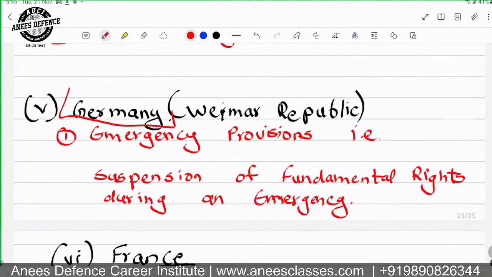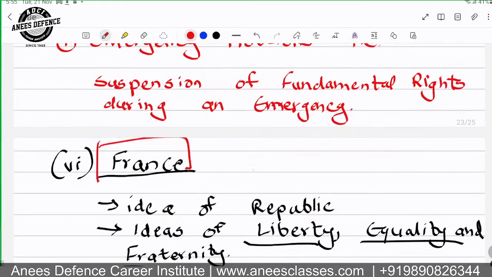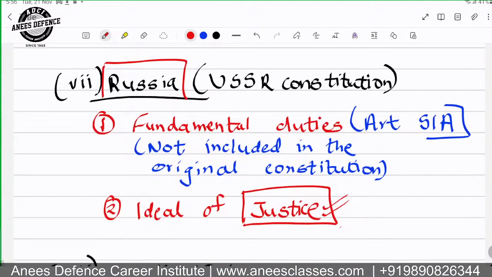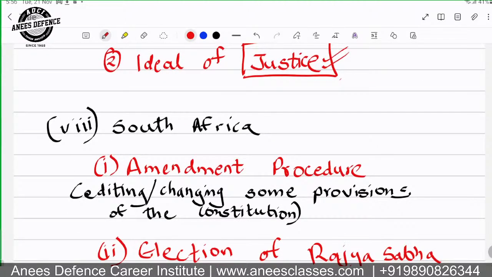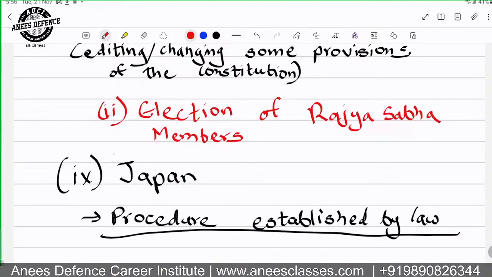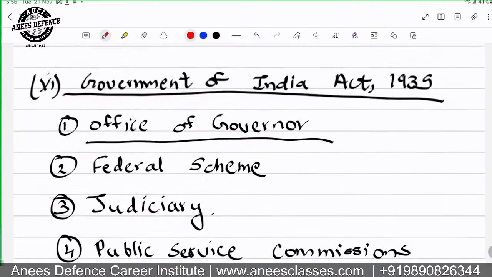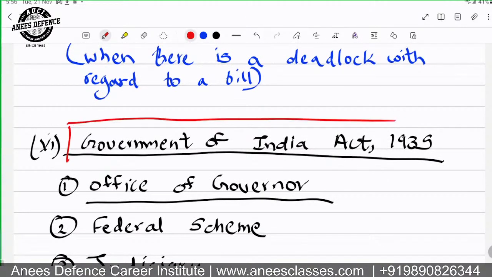Then we have seen from Germany, Weimar Republic, then France, then Russia, then we have seen South Africa, Japan, and Australia. Then we have seen about the Government of India Act of 1935.